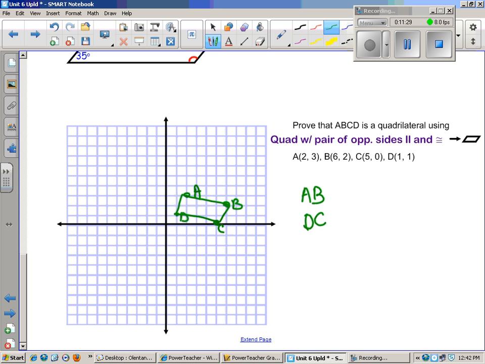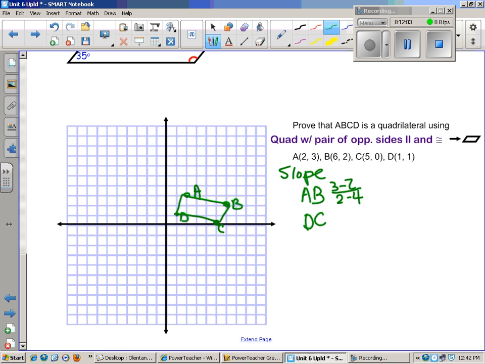What calculation do I do to prove things are parallel? Slope. Good. And what about the slope? If they're parallel, what will happen to the slopes? They'll be the same. Good. So I calculate the slope of AB. Now, it is a graph, so you are welcome to count. I'm going to calculate it just to remind everyone how to do it. So it's y2 minus y1, so 3 minus 2 over x2 minus x1, 2 minus 6.